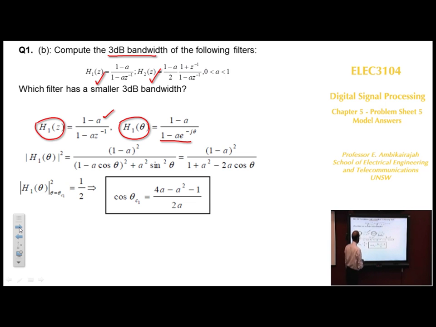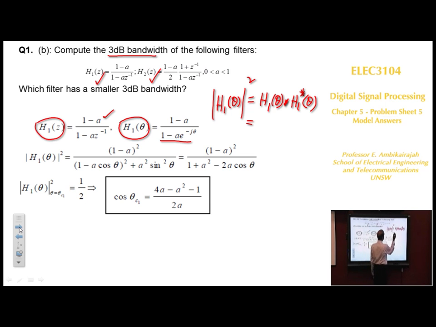Now we learned a few methods of finding this. You can find the modulus squared of H1(θ) by multiplying H1(θ) by its conjugate, and if you do that, you will get (1 − a) over (1 − a e^(-jθ)) times (1 − a) divided by (1 − a e^(+jθ)).